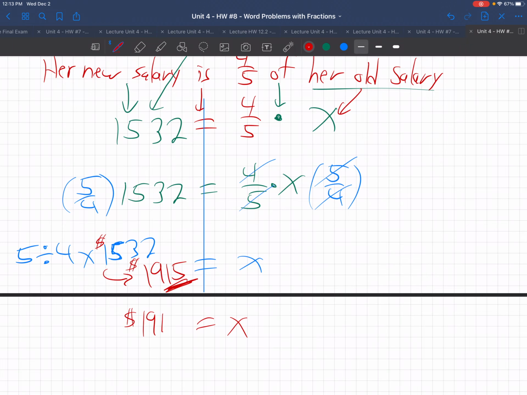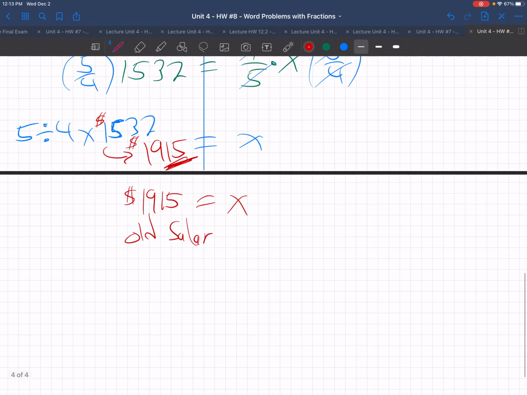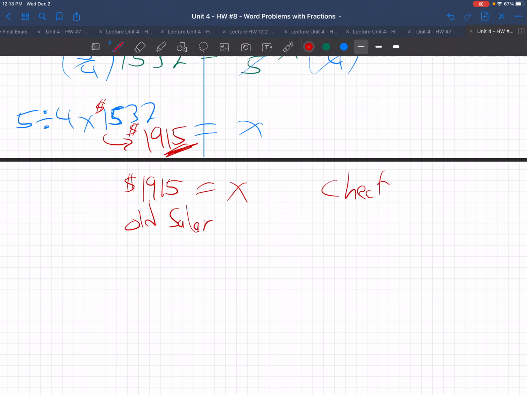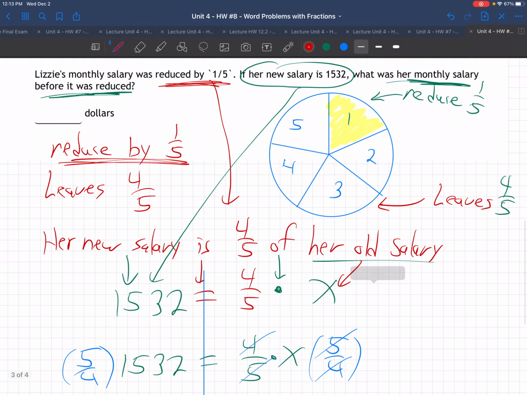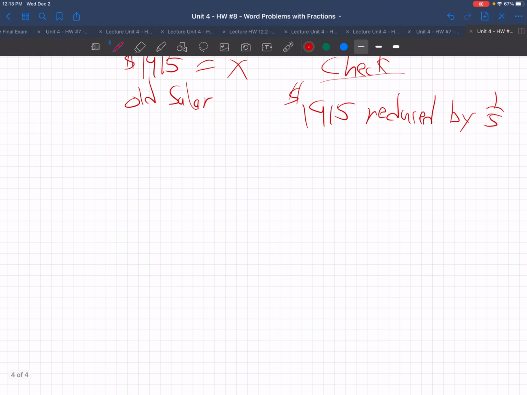That's the old salary. Let's check it. How do we know that's right? If that was her old salary, 1915, and then it was reduced by 1/5. Isn't that what they said? Yeah, reduced by 1/5.